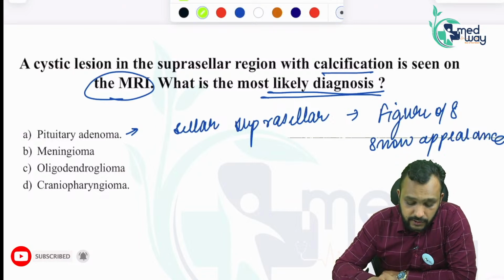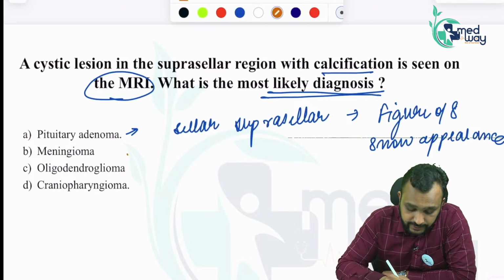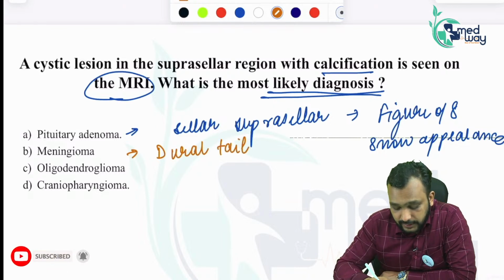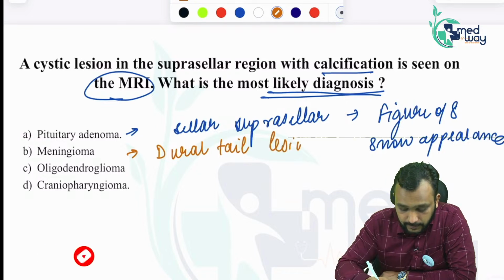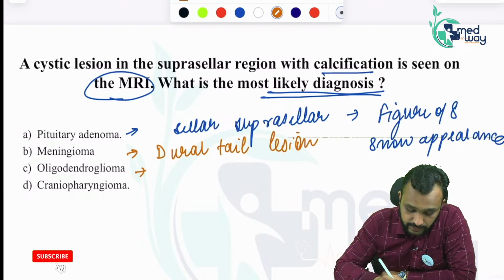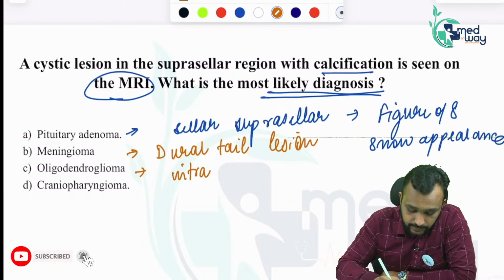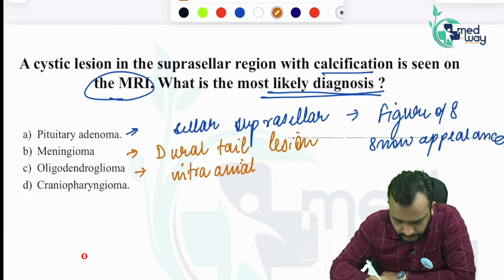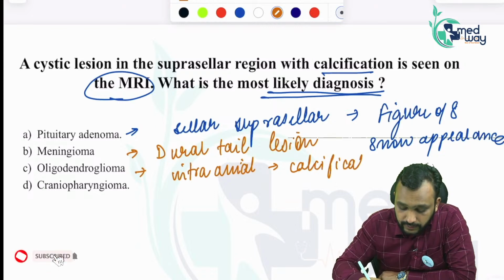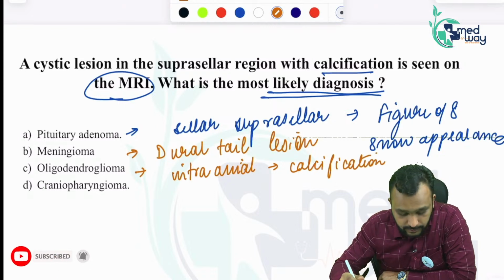Talking about meningioma, meningioma has a characteristic sign which is known as the dural tail sign, and it is an extraaxial lesion, right? Oligodendroglioma is an intraaxial lesion, and it is going to show calcification, but it will not be seen in the suprasellar location, right?